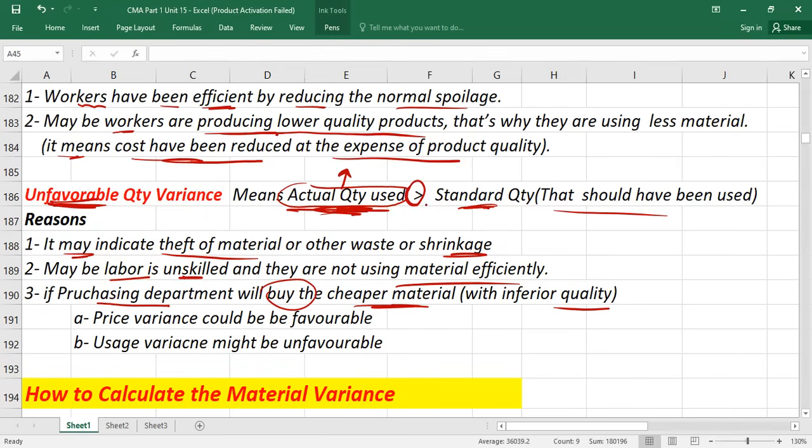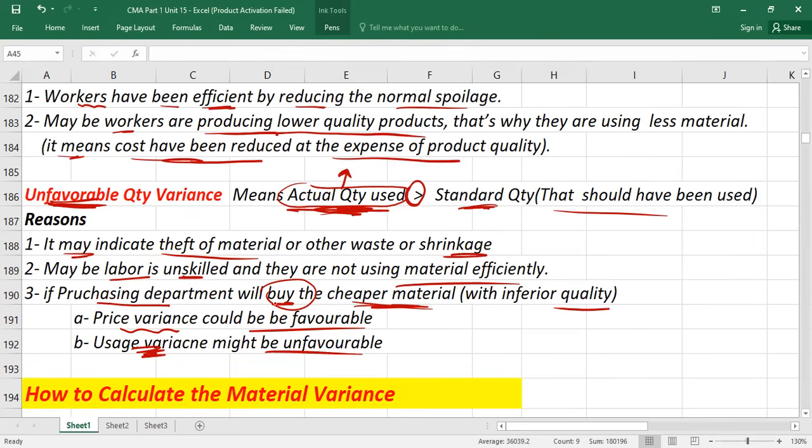and automatically your actual quantity used will be more. So please remember, when the purchasing department buys inferior material, what will happen? Price variance could be favorable because it is inferior, it is cheaper, but usage or quantity variance would be unfavorable. So you can also reverse these two points.